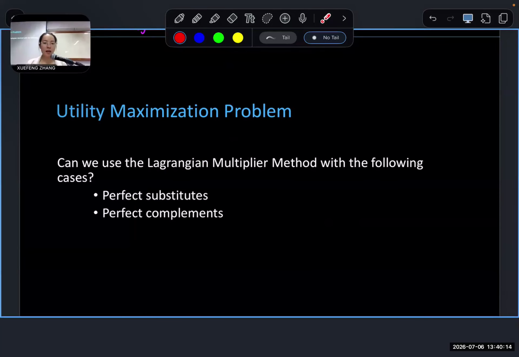Next one we have here. So think about it. Can we use the Lagrangian multiplier method with perfect substitutes and perfect complements? Please discuss with your friends. Let's have 3 minutes. What do you think?